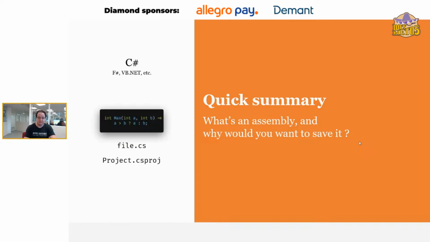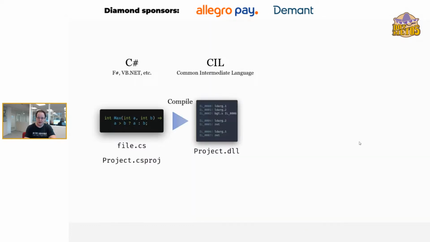In the .NET world, you start with source code in one of the .NET languages. You have source files, you have a project file, which acts as sort of a container, and you compile this to an assembly. The assembly is usually a DLL file. It contains types, methods, fields, and the actual executable code is encoded as CIL, the Common Intermediate Language.